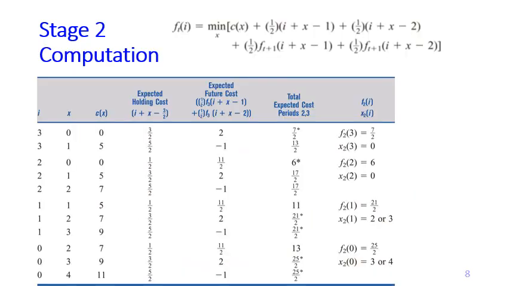Now, given the values same as before in stage 2, the possible beginning inventories are 0, 1, 2, 3. And then same as before, if your beginning inventory is 3, your possible decision is either producing nothing or producing 1 unit at most.